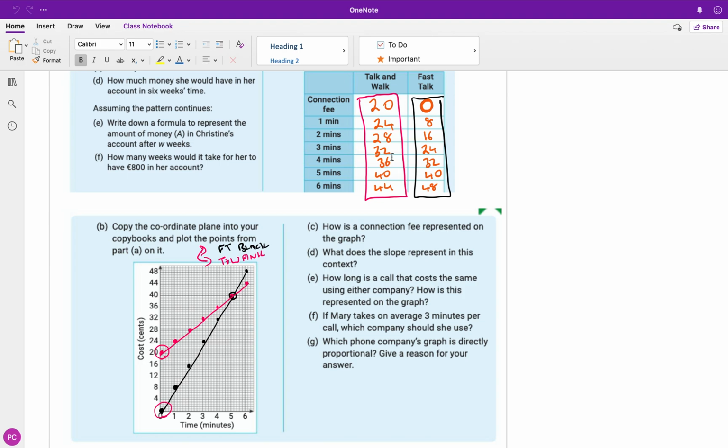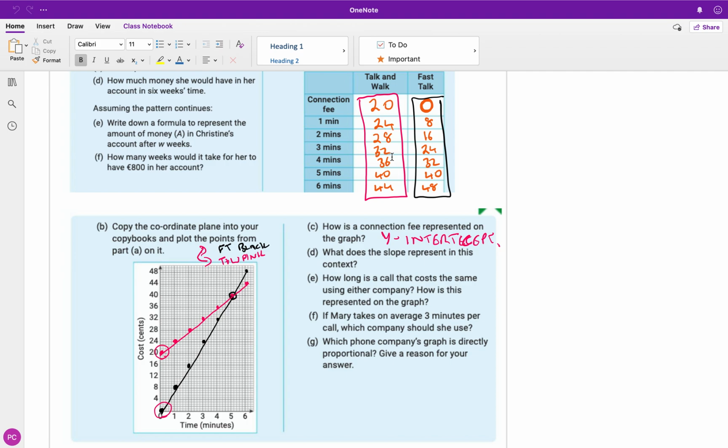The connection fee represents the y-intercept, where the graph touches the axis. What does the slope represent? Okay, so the slope represents the slope of this line. If you look at that black line, it has a really steep slope.